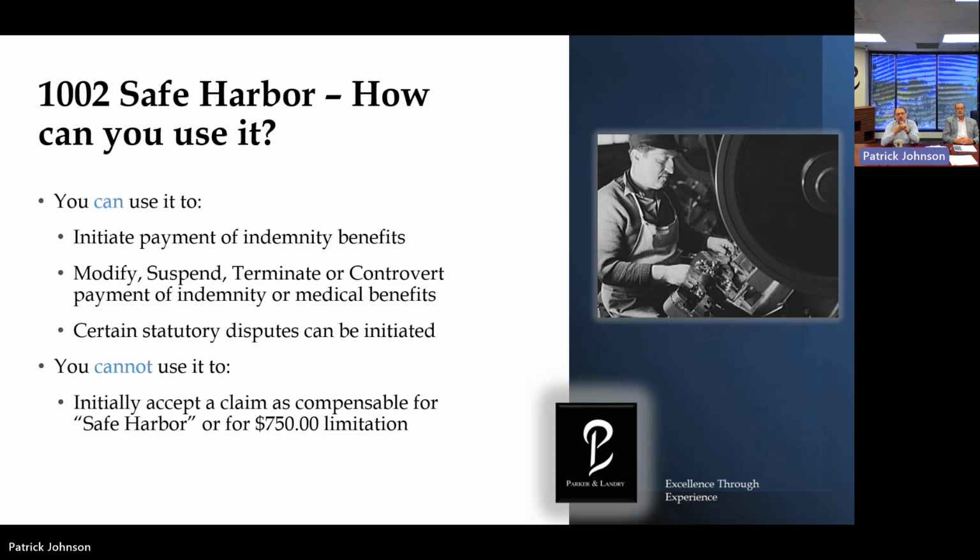So one, you can use it to initiate payment of benefits, and if done correctly, you can gain a safe harbor from any mistakes you make in either the calculation of the average weekly wage, the timing of the first payment, how you pay, all these little things that without the protections lead you into a potential penalty situation. By following the 1002 process, you can actually make a mistake and then have the ability to correct it.